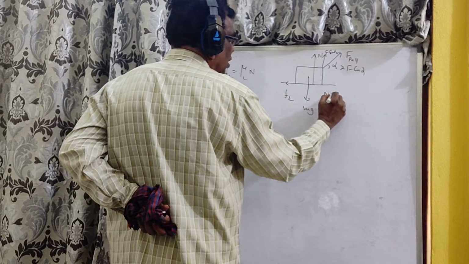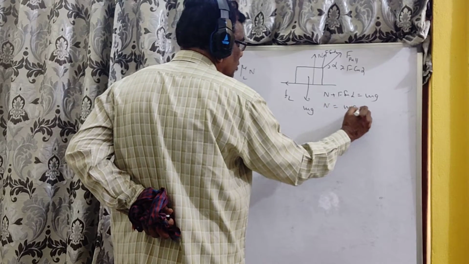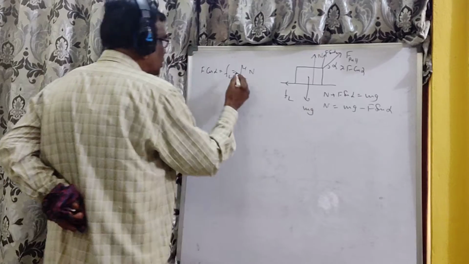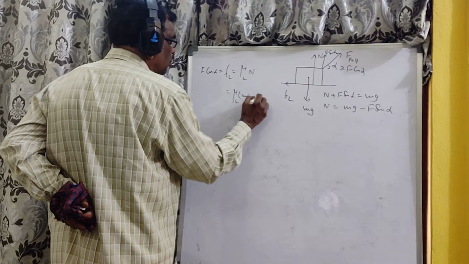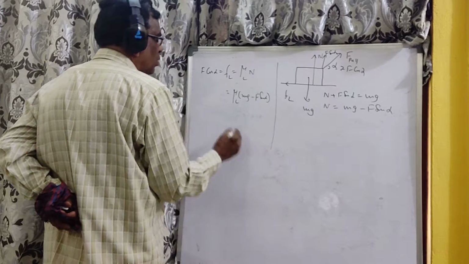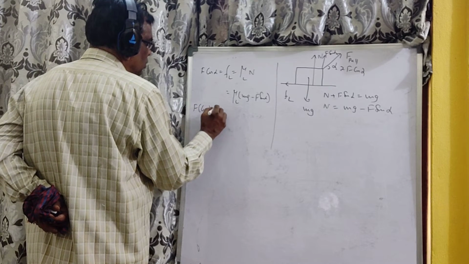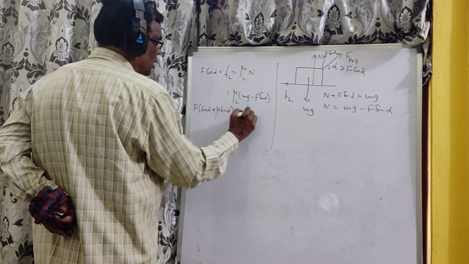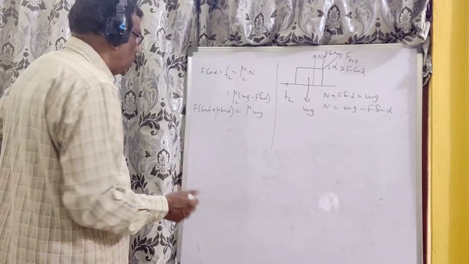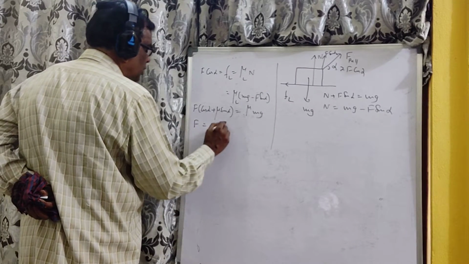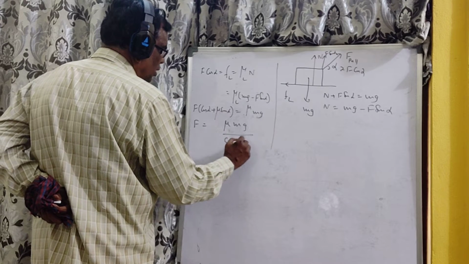N plus F sin alpha is equal to mg, or N is equal to. So you substitute it here, mu L into mg minus F sin alpha. Or you bring F sin alpha onto this side, so you get sin alpha. I am removing the subscript L, you can put it also. So F is equal to mu mg by cos alpha plus mu sin alpha.